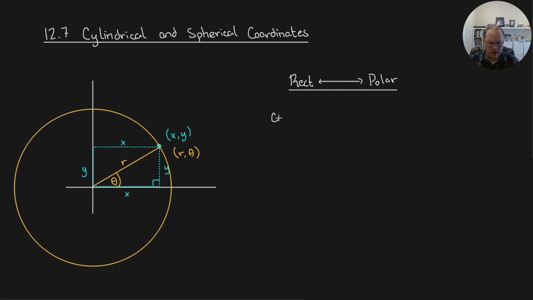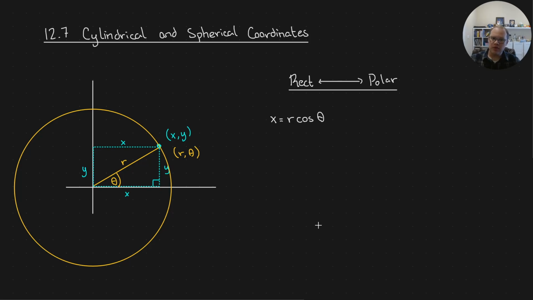Our favorite trig functions are sine and cosine. So cosine of theta is adjacent over hypotenuse, x over r. And I'm going to multiply this r to the other side of the equation. That way I could focus on just the x. Okay. So if I do that, then I end up getting x equals r times cosine of theta.